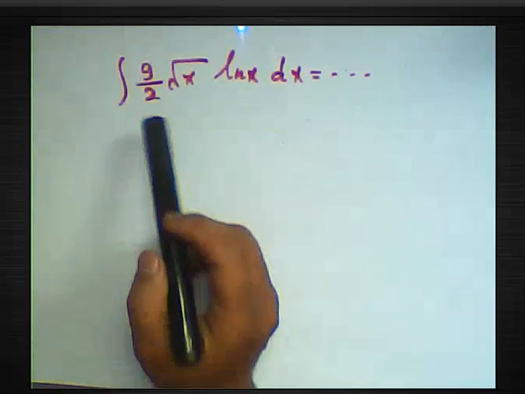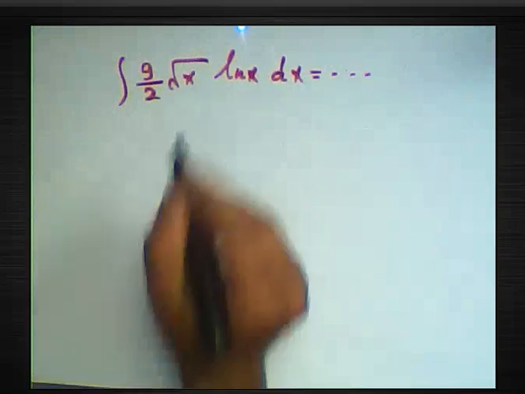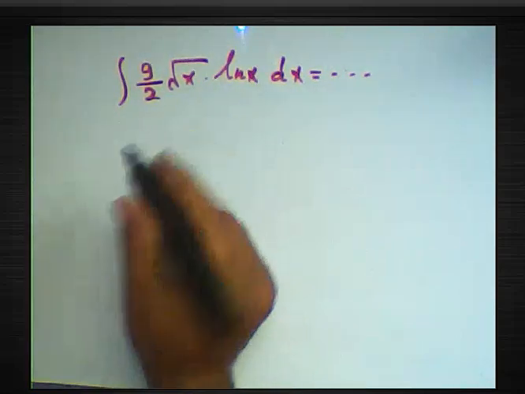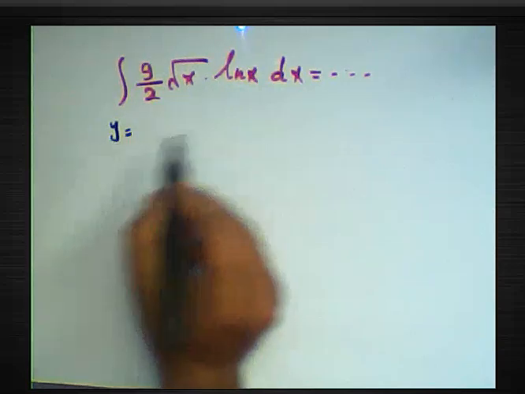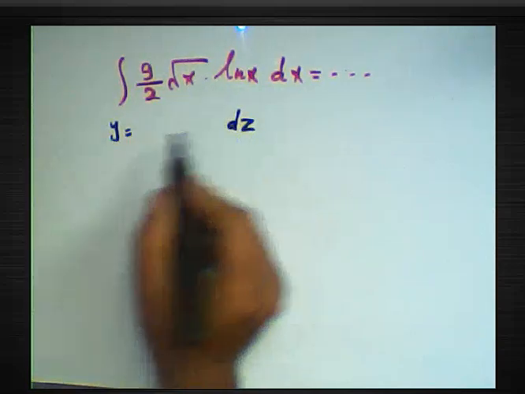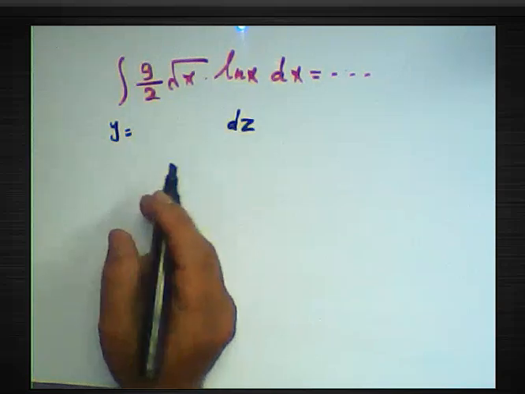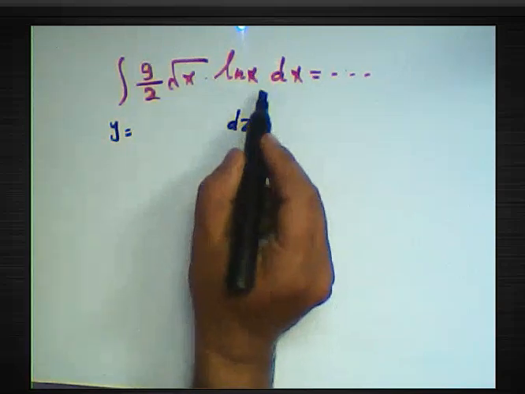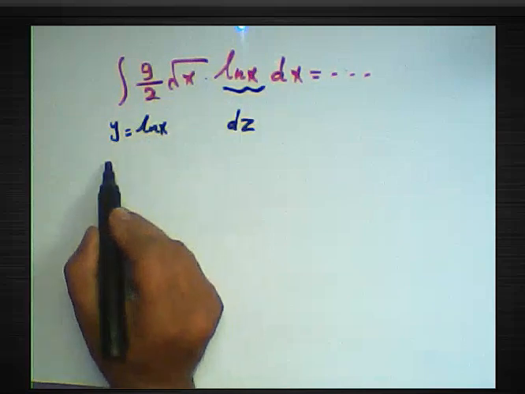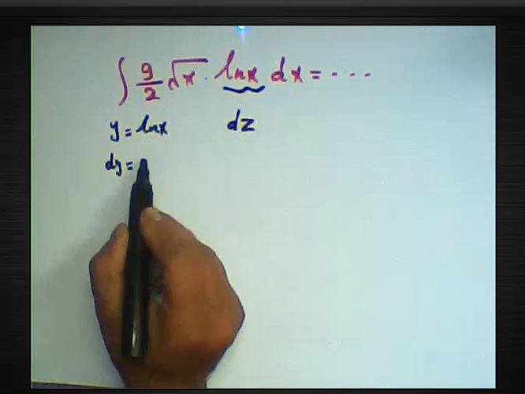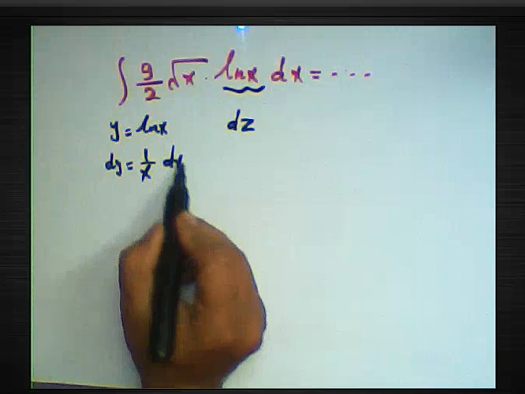Integration of 9 over 2 root of x ln of x dx. We have two functions here. First we must determine the two functions. The first function will be y, and the second function will be dz. The derivative of y will be dy. Put the derivative here of ln of x: the derivative of y will be dy, and for ln of x it will be 1 over x dx.